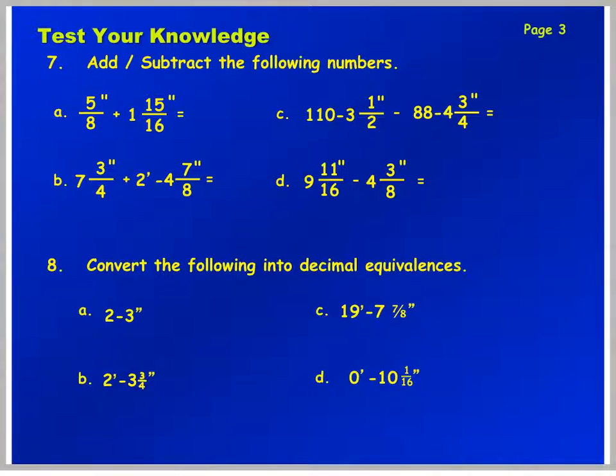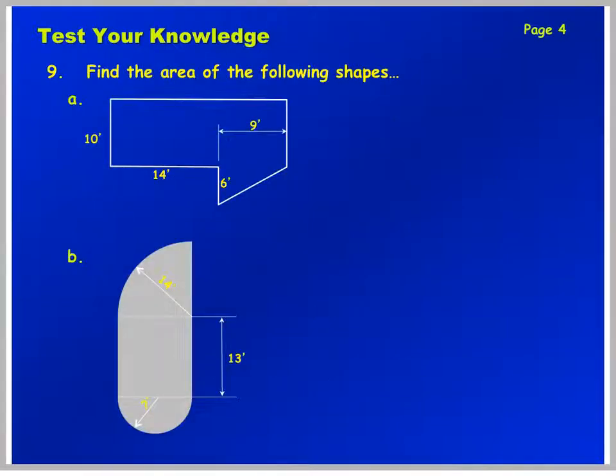Add and subtract the following numbers. Question number 8. Convert the following into decimal equivalences. Question 9. Find the area of the following shapes. And don't forget to show your work.